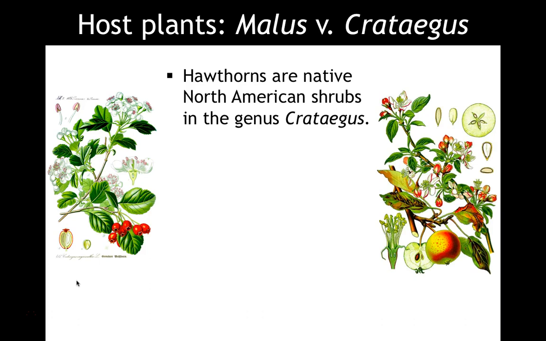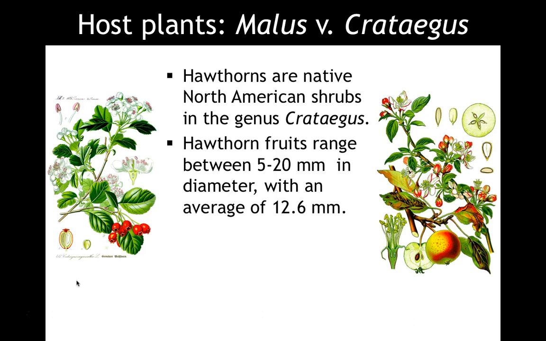Now, it was noticed that the apple maggot flies looked very similar to the hawthorn maggot flies. And hawthorns are an endemic, a native North American species. There are big differences between hawthorns and apples.